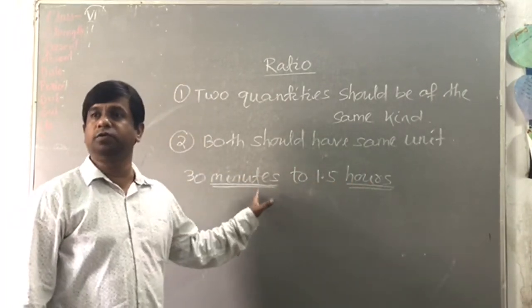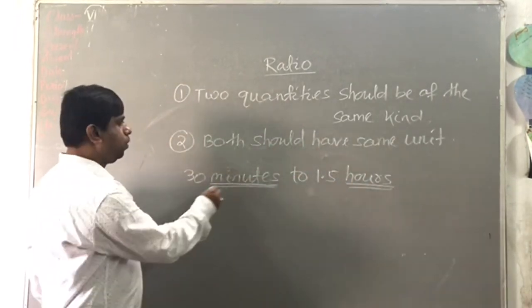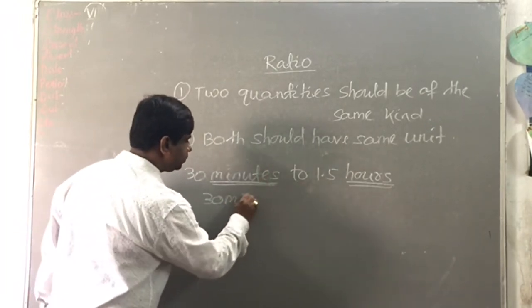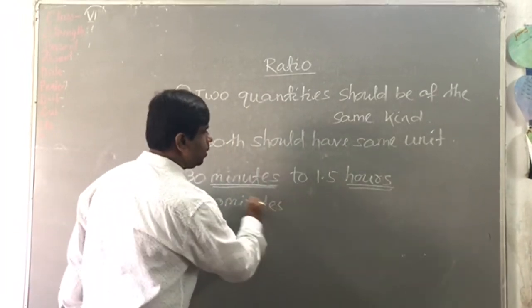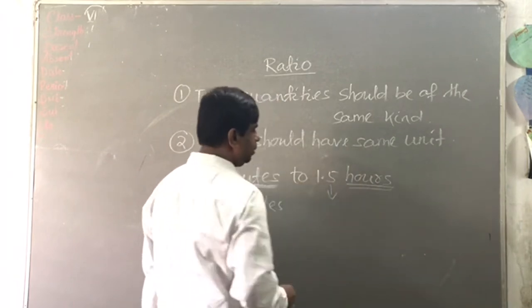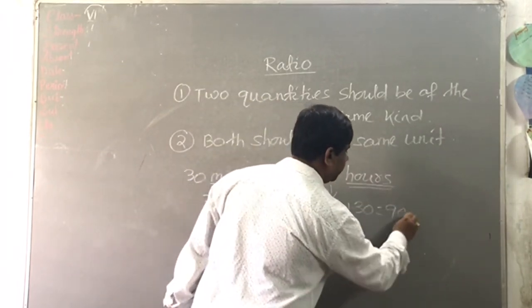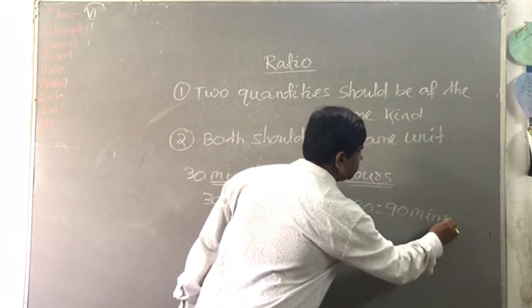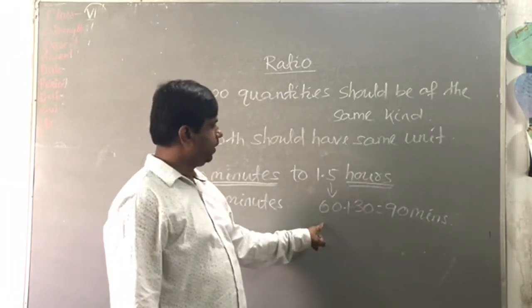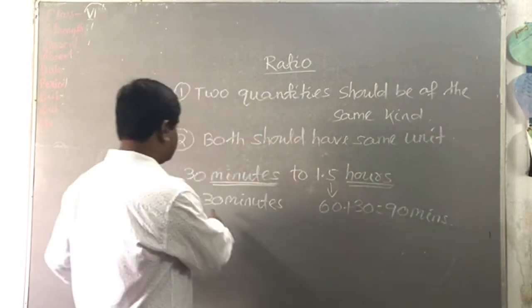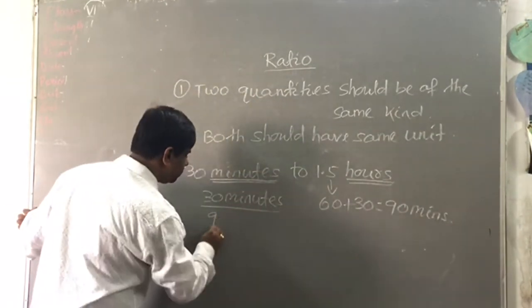So you have to convert into the same unit. So 1.5 hours is equal to 60 plus 30, that is equal to 90 minutes. 1 hour is 60 minutes, 0.5 means half an hour, that is equal to 30 minutes, so 90 minutes. So 30 minutes by 90 minutes.